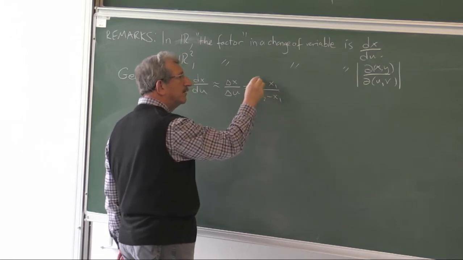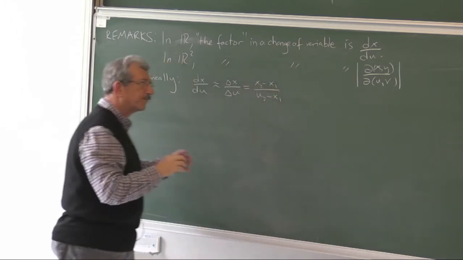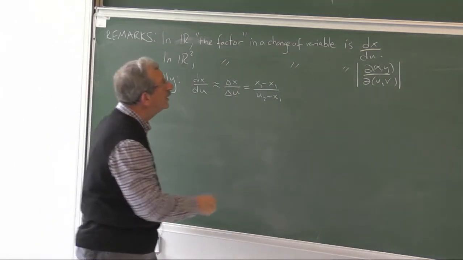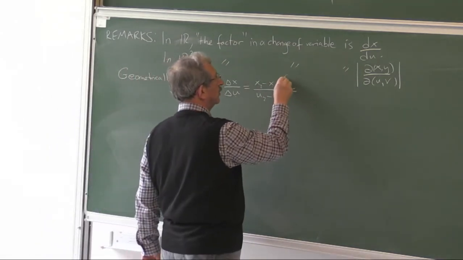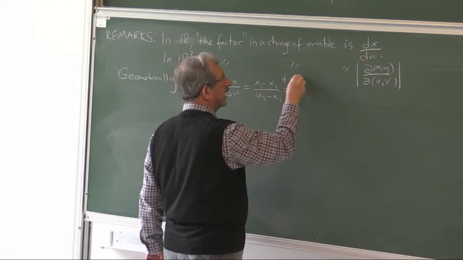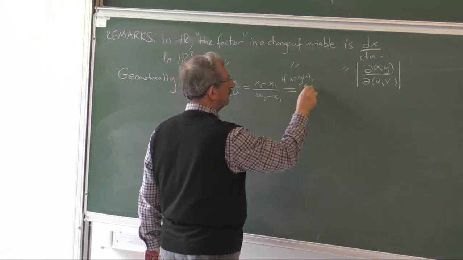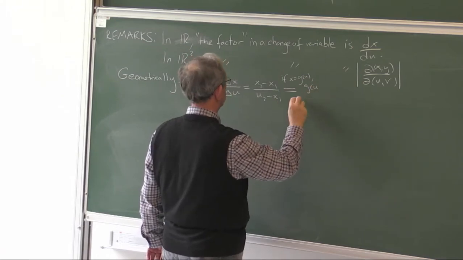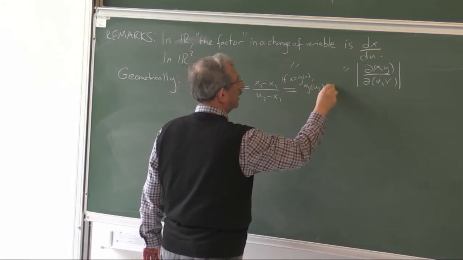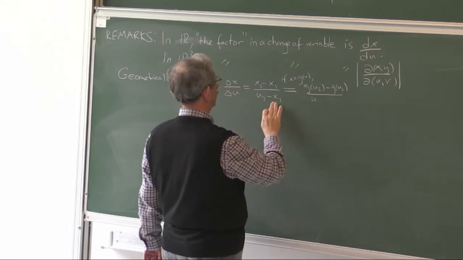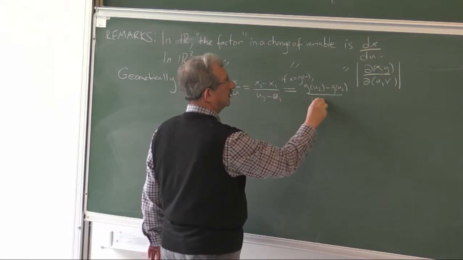But the substitution that we used was, say, g of u. This means g of u2 minus g of u1 over u2 minus u1.